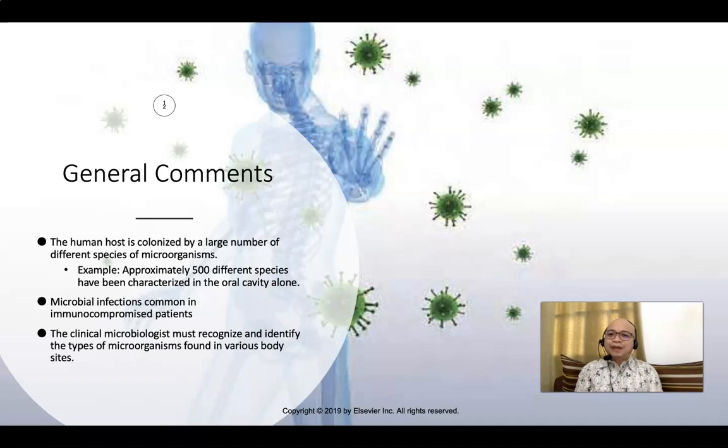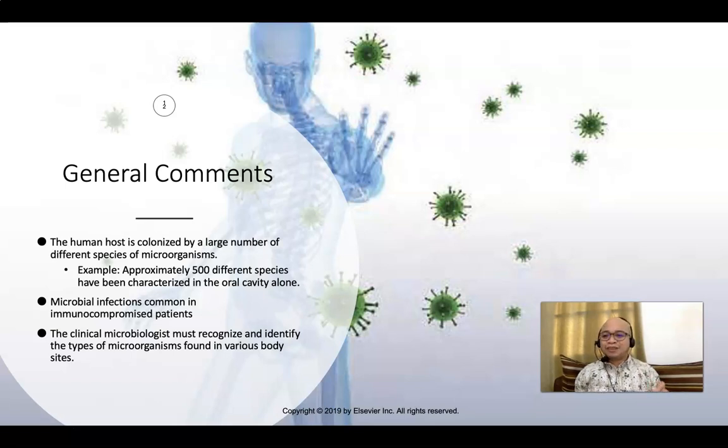The human host is colonized by a large number of different species of microorganisms. You can just imagine there are approximately 500 different species that have been characterized in the oral cavity alone. Can you just imagine it?